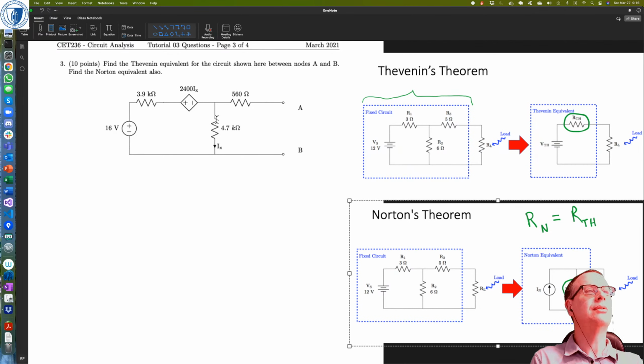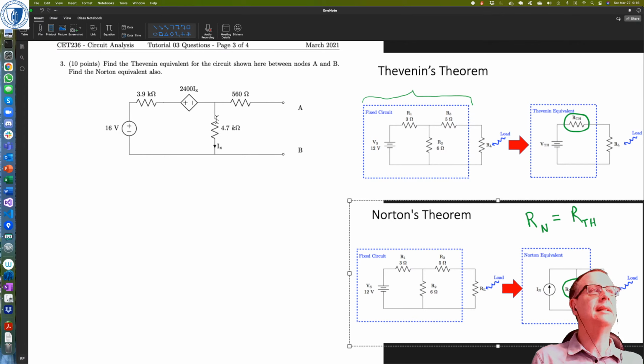everything in the circuit on the left with, in the case of Thevenin's theorem, a single voltage source, VTH, and a single series resistor, RTH. Similarly, with Norton's theorem, we can replace the whole circuit on the left with a single current source and a parallel resistor.